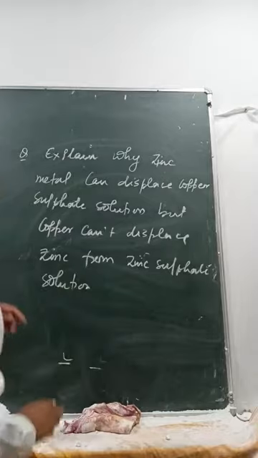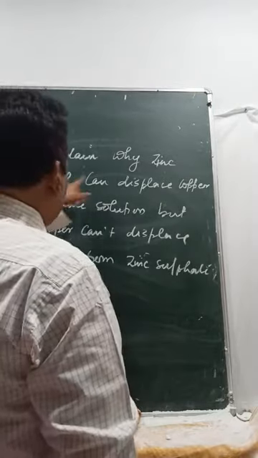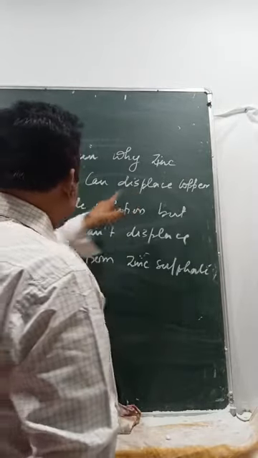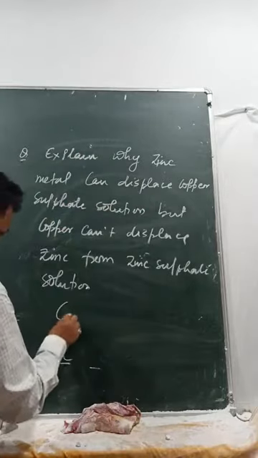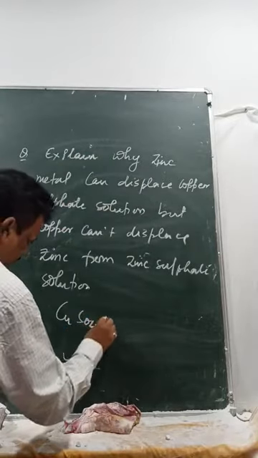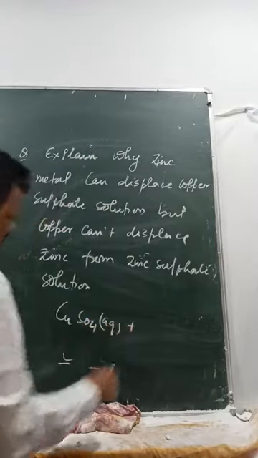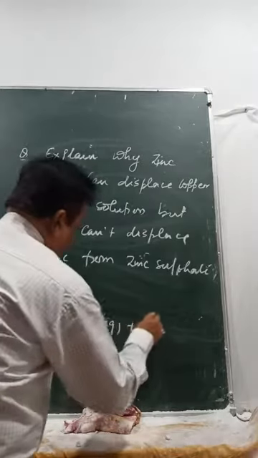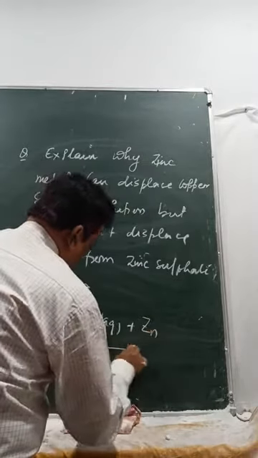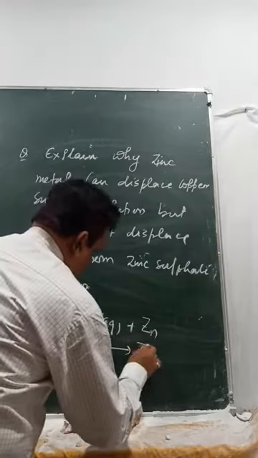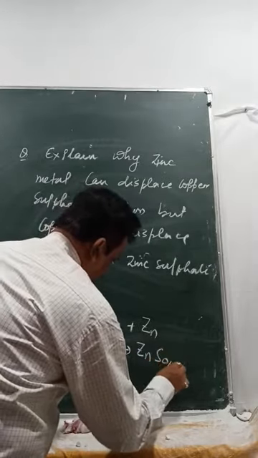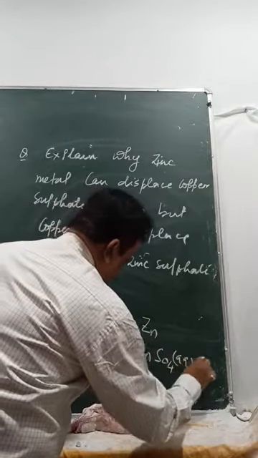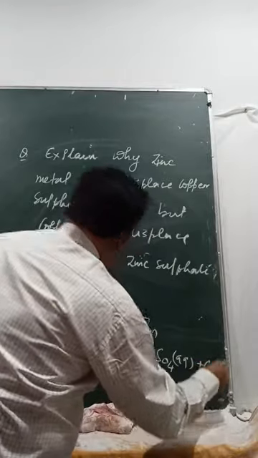So what the question tells you? Zinc metal can displace copper from copper sulfate. So copper sulfate aqueous reacting with zinc gives zinc sulfate plus copper. This is the first leg.